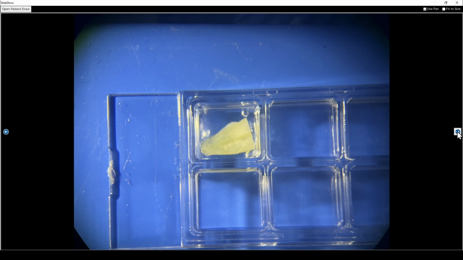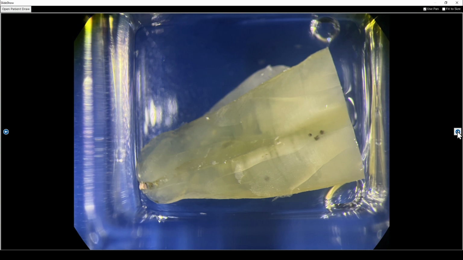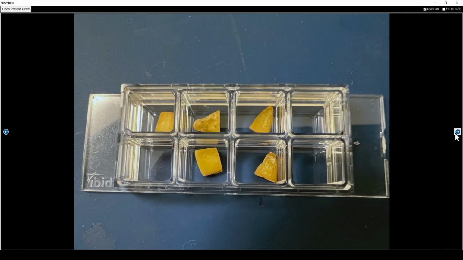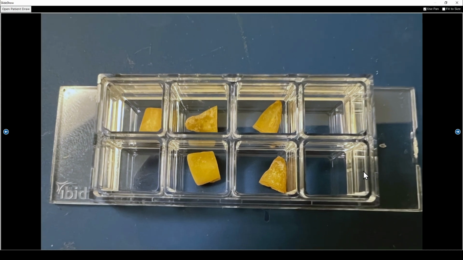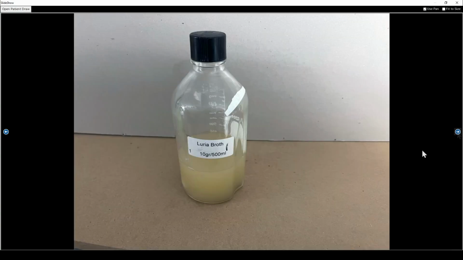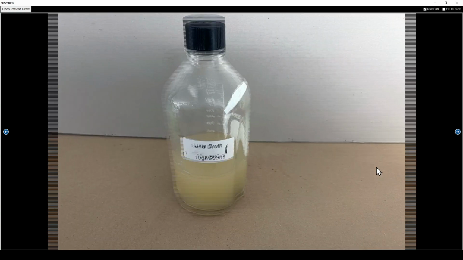I like these 8-well containers because they let me do each piece individually and put various tests for each piece separately and keep track of what was done. So we might have some that has a 1-day biofilm, a 2-day biofilm, a 3-day biofilm, and it's also good for use in confocal microscopy.